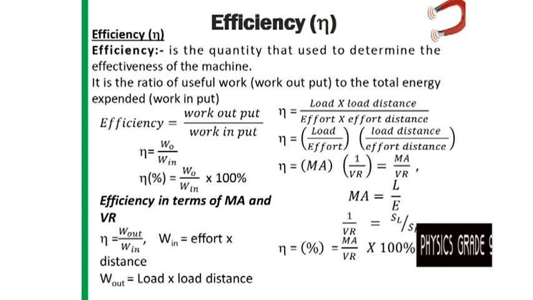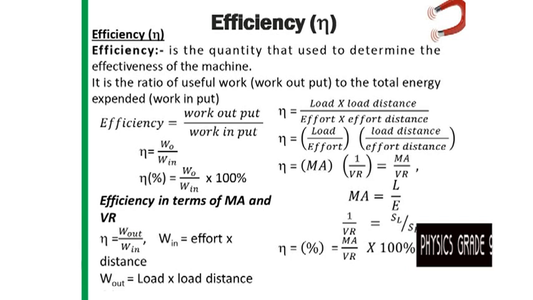The mechanical advantage can be expressed as L over E. That's just a shorthand way of writing it. And 1 over the velocity ratio, we can write in a shorthand way as being SL over SE.